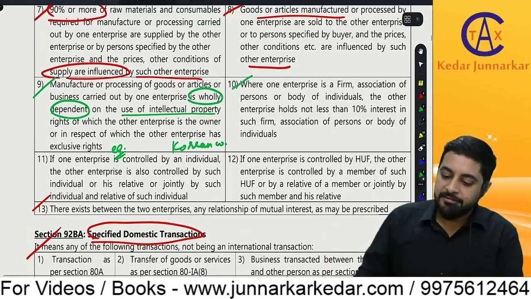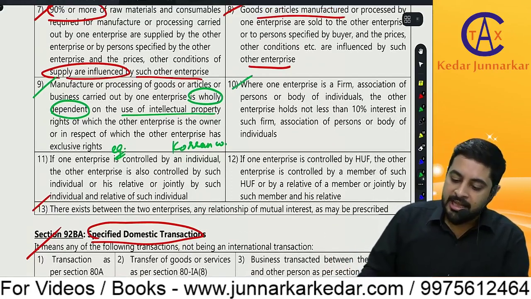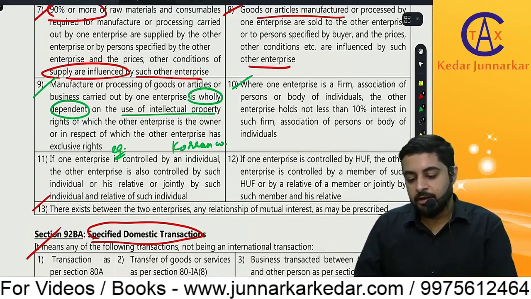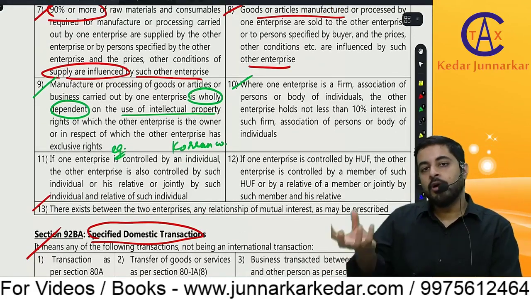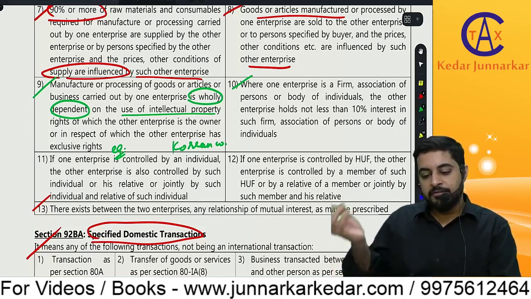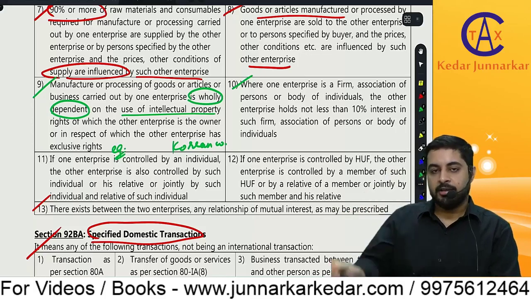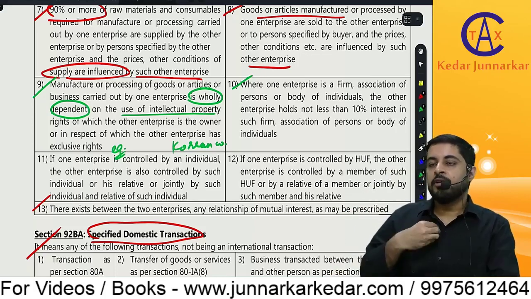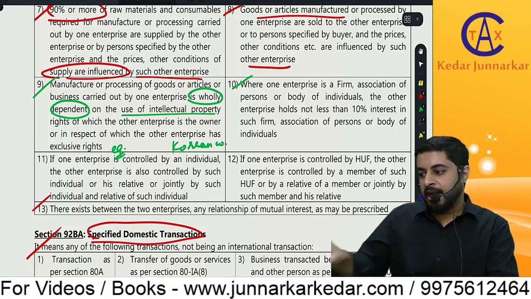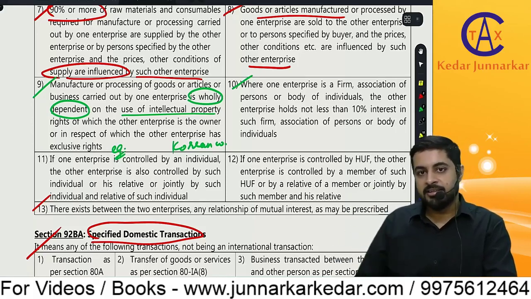Where one enterprise is a firm, AOP or BOI, the other enterprise holds not less than 10% interest in such firm, AOP or BOI. So who holds interest in a firm, AOP, BOI? A member or partner. So if you are a member or partner in an AOP, BOI or firm, and you are holding 10% or more, then that member, partner and the firm, AOP, BOI will be considered as AEs.